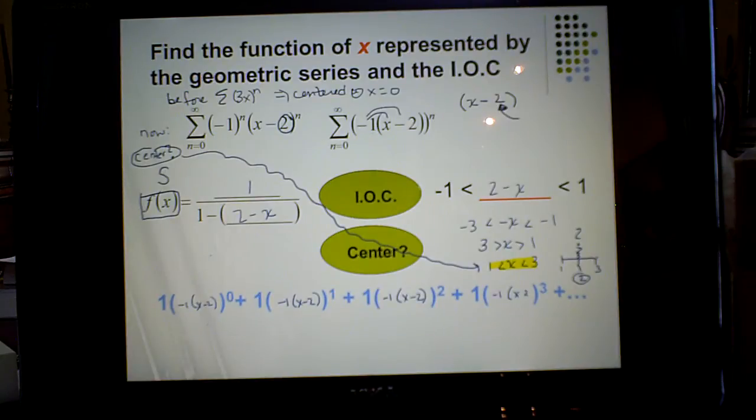And then I'm further going to drop the 1's now. I'm going to say this is negative 1 to the 0 times x minus 2, plus negative 1 to the first times x minus 2. Now you'll notice when I put this in the calculator, I actually revert back to this.